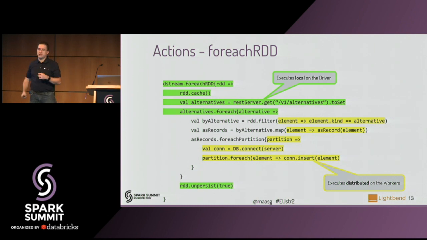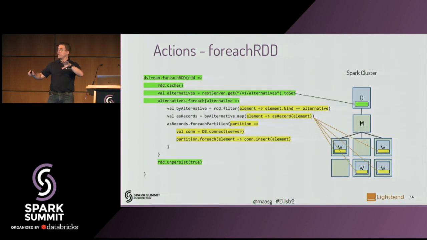So here is a code example of how that plays out. When we use foreachRDD, there is some code that executes on the driver and some other code that executes distributed in your cluster. This is very important to understand because there are limitations on what you can do in the distributed environment compared to what is executing on the driver.